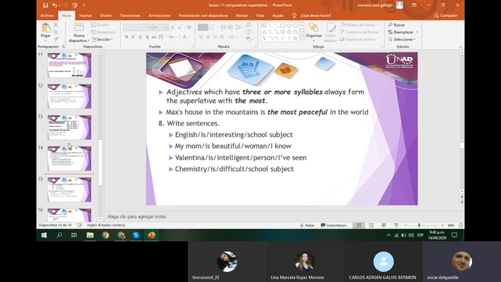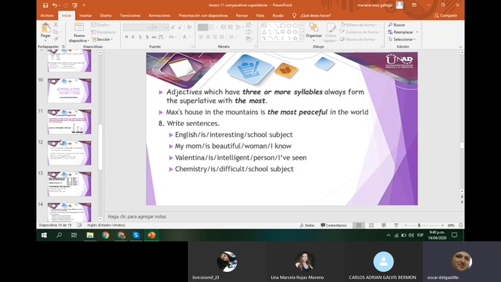For example, I can imagine an elephant and a dog. So I can say the elephant is bigger than the dog. You must create at least 5 sentences using comparatives and superlative adjectives.